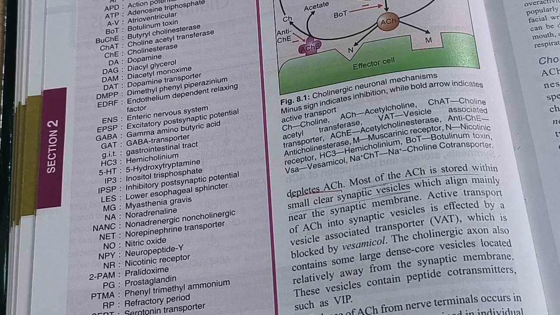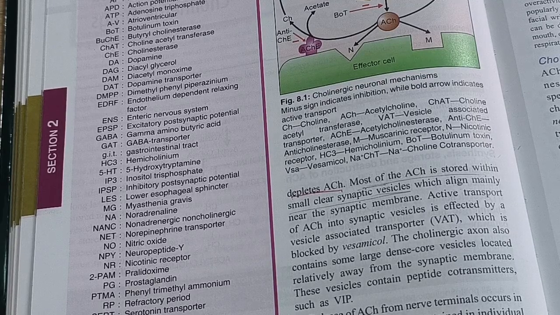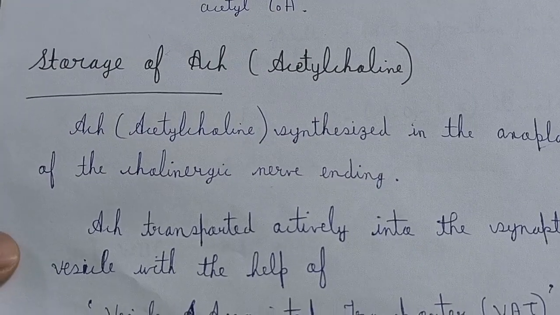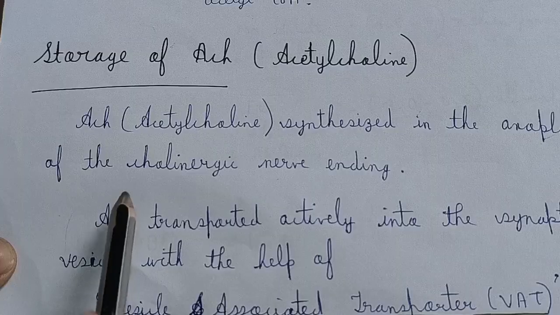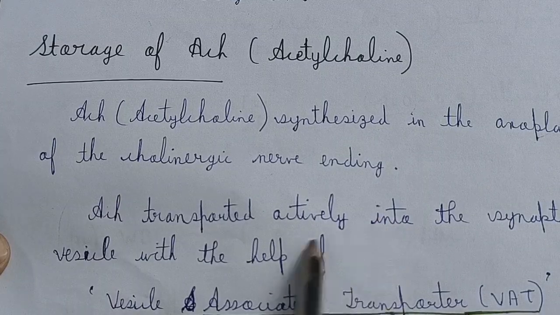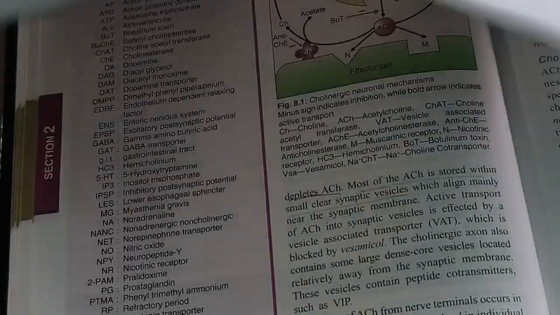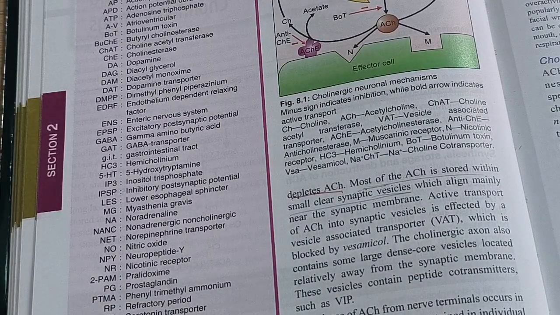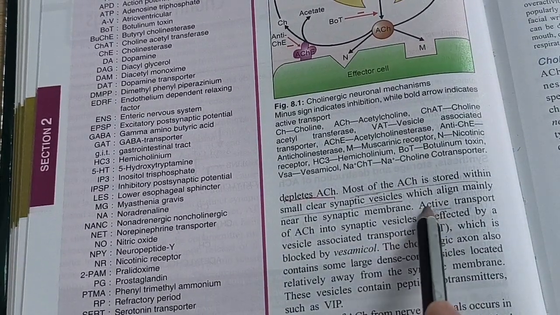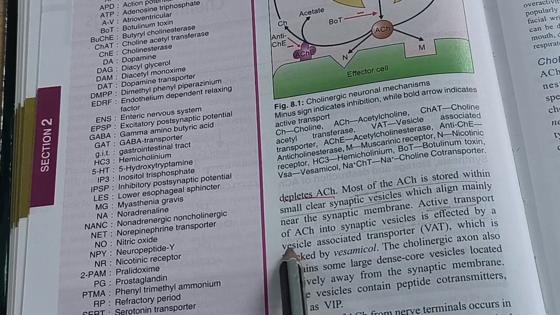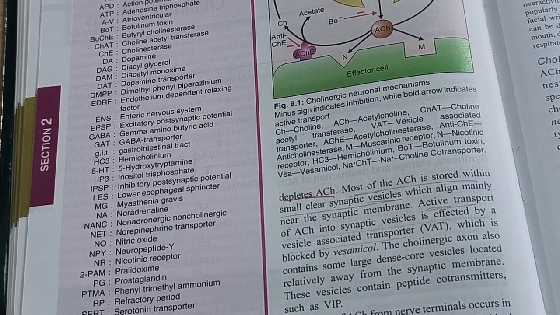You also know how acetylcholine is transported into the synaptic vesicle with the help of VAT, the vesicle associated transporter. The active transport of acetylcholine into the synaptic vesicle is effected by the vesicle associated transporter.